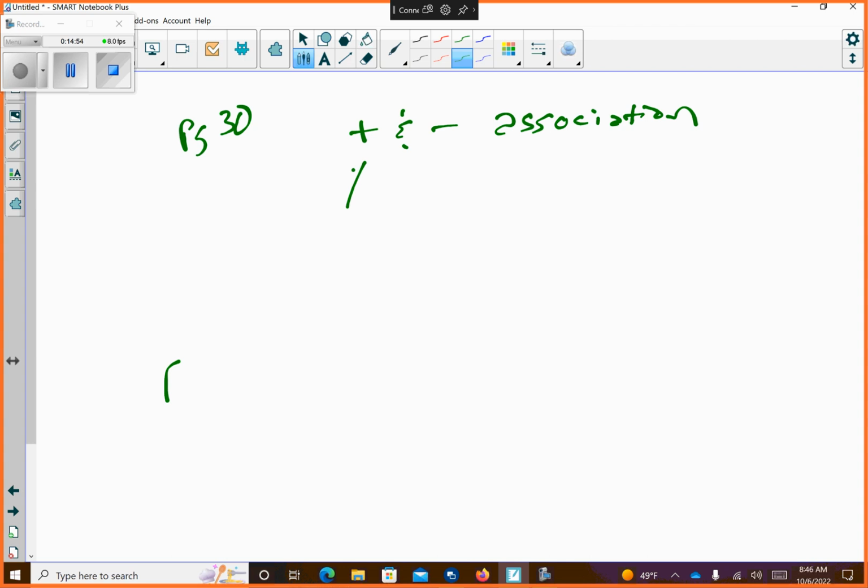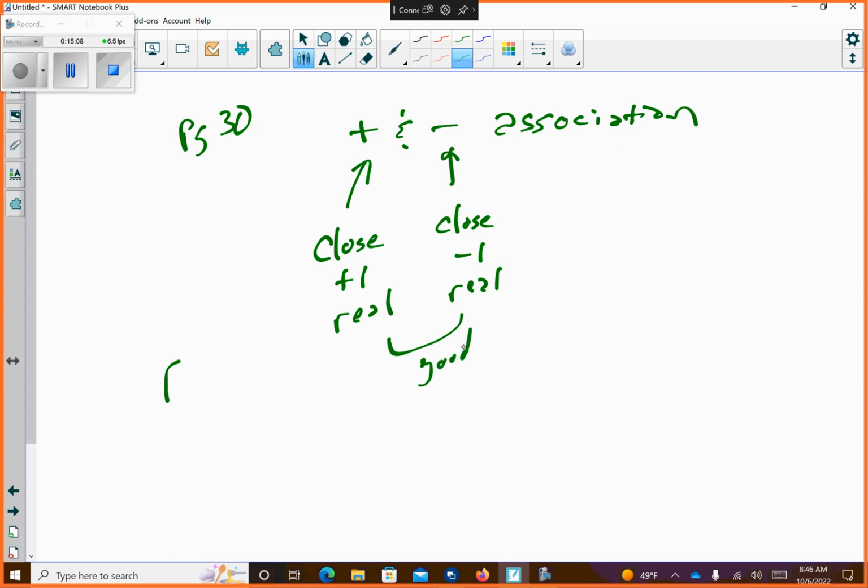So close to +1 is real good. Close to -1 is real good. Okay? If something is 0, there is no association.